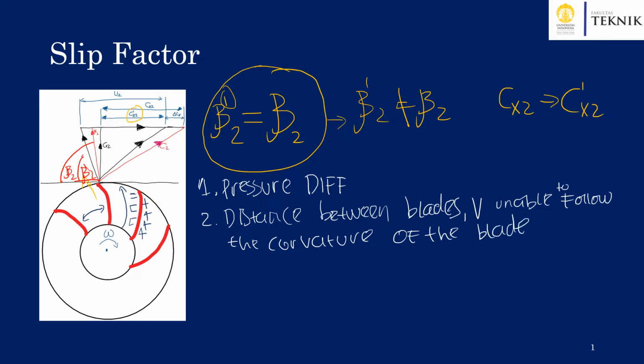This slip leads to delta Cx, which represents the amount of slip itself.